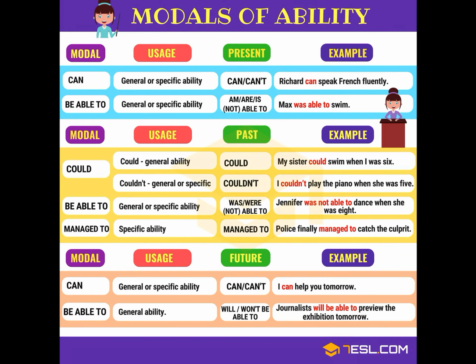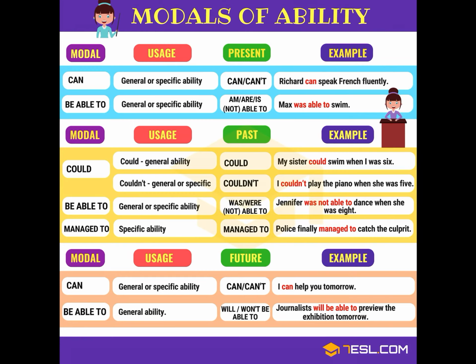As you can see here, we have some explanation about can, could, and be able to. So can, just read, usage, general or specific ability. And this verb can is always in present. Okay, can and can't for negative form.